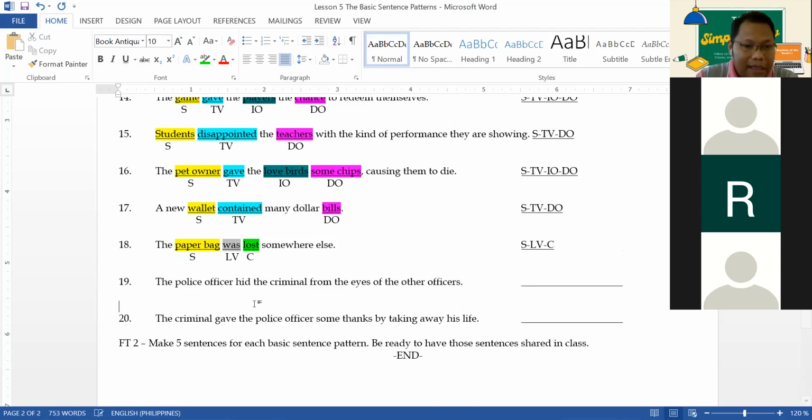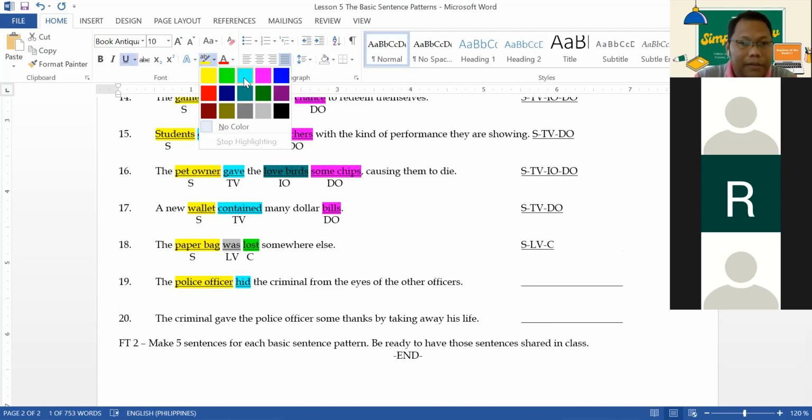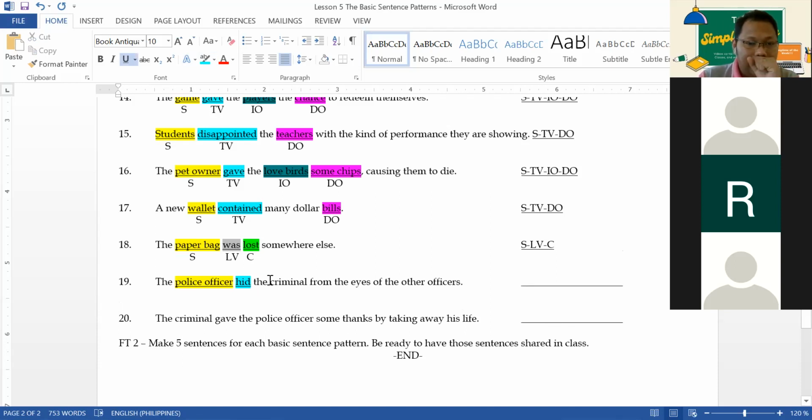Number 19. The police officer hid the criminal from the eyes of the other officers. Police officer, or police, or officer. Color that with yellow. Hid is our verb, and we color that with light blue because there is a direct object.